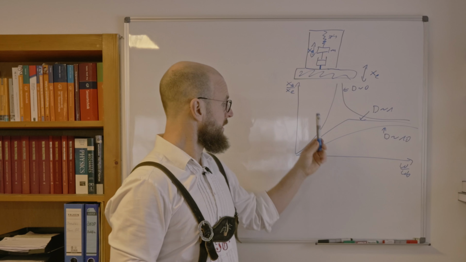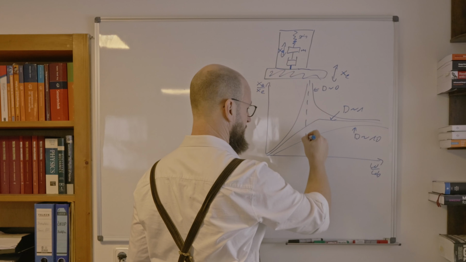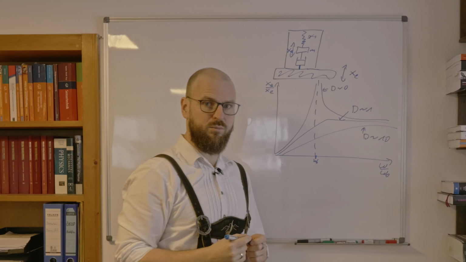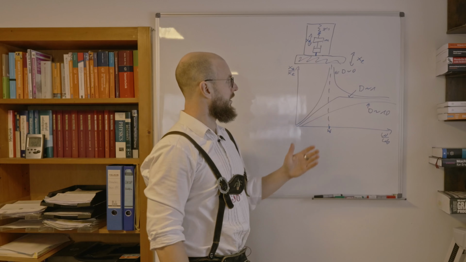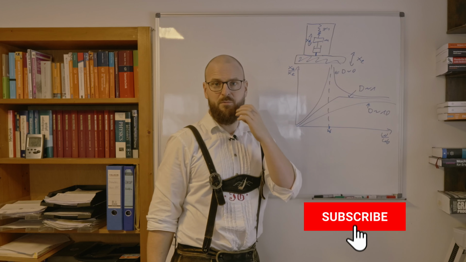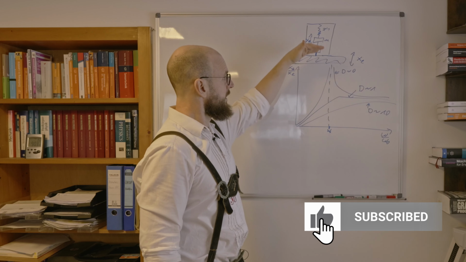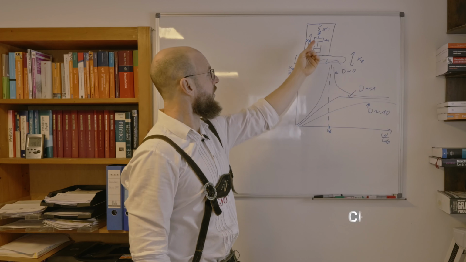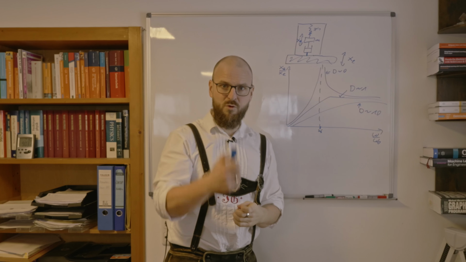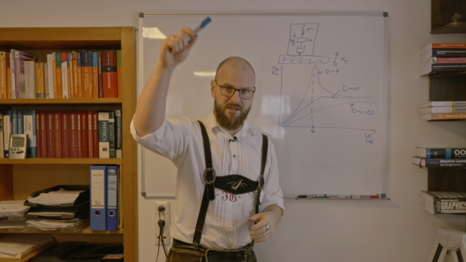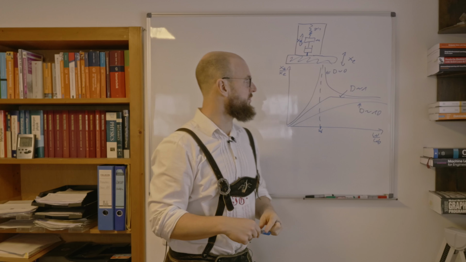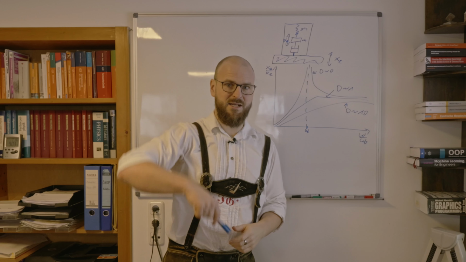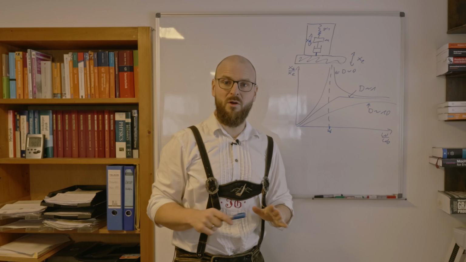Meaning, for that system over here with no damping, we get a problem of a resonant frequency, meaning the machine moves in such a way that it always puts energy into the movement of the inertial mass, and by that exaggerating that movement theoretically into infinity. So we get a very large movement of the mass, and we don't want to have that.